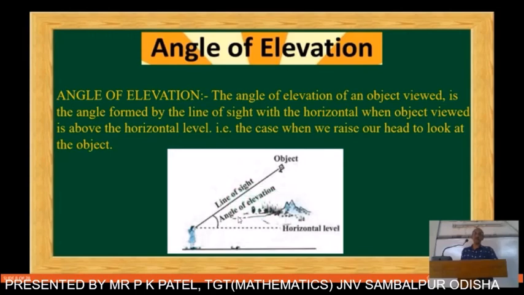Mark the figure. When this person is observing the object, the head must be upward because the object is above the horizontal line. So this angle, between the horizontal line and the line of sight, is known as the angle of elevation.